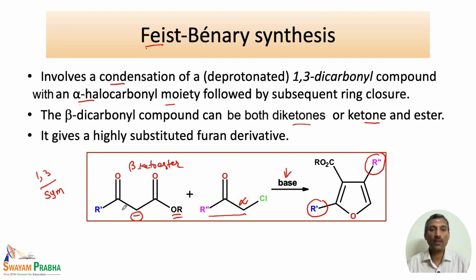But in this case, we have one alkyl group coming from the beta ketoester or the beta dicarbonyl compound, and another alkyl chain comes from the alpha halocarbonyl moiety. So that means we have more flexibility of getting different substituted furan derivatives. So this is the major advantage of using Feist-Benary synthesis.